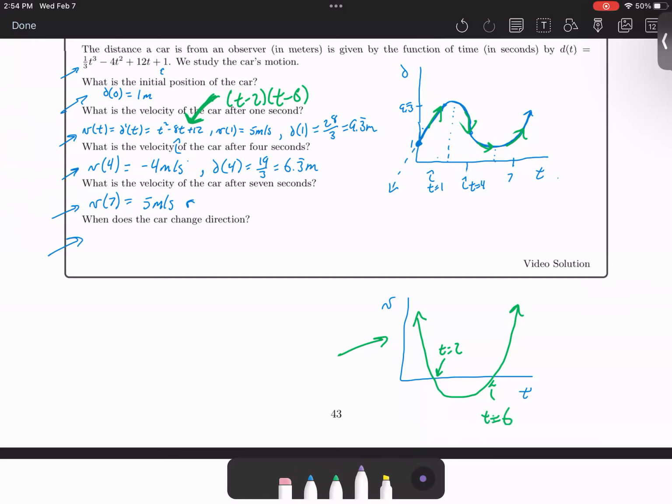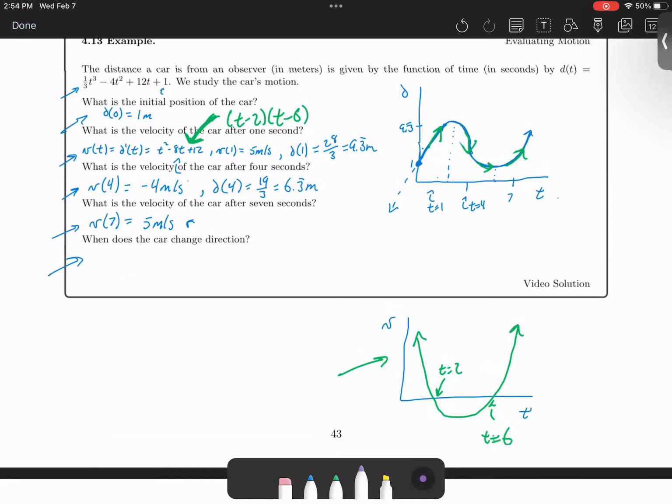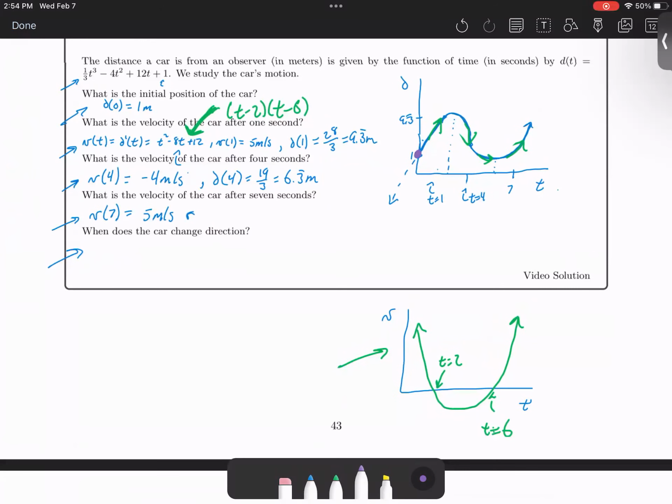So let's analyze these graphs. I'm going to switch to purple for the final conclusion. We start at an initial position of 1, and we increase our position away from the observer, so we're traveling away as we experience positive velocity. But our velocity is getting smaller and smaller until it hits 0 at time equal to 2. That's this time value.